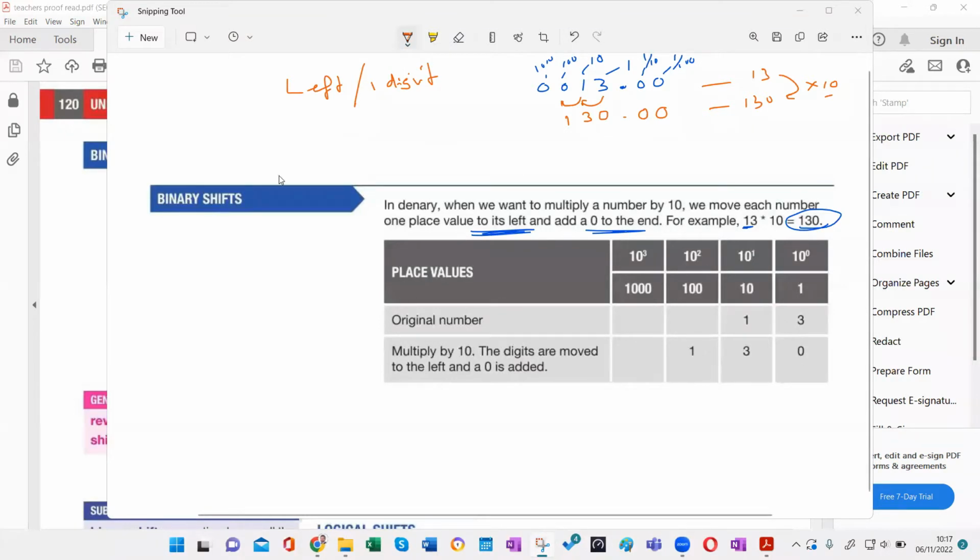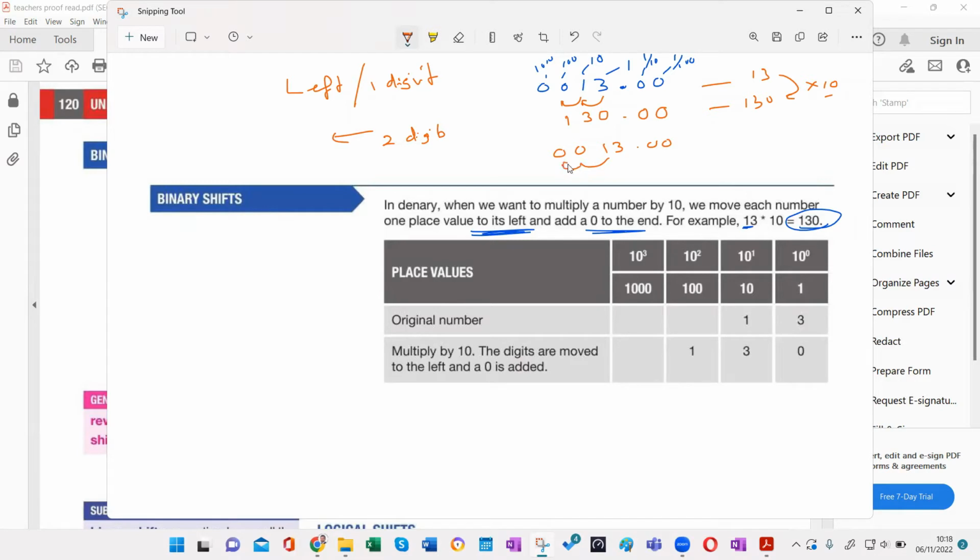No problem. Right. Now let's say I'm going to move this to the left 2 digits. The original number, now what will happen? It was 0, 0, 1, 3, 13. 2 digits means this 1 will go 2 places, 3 will also go 2 places.